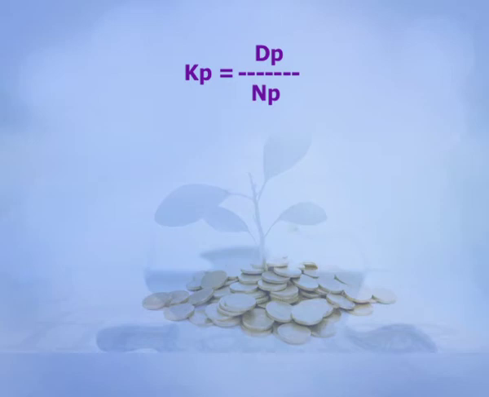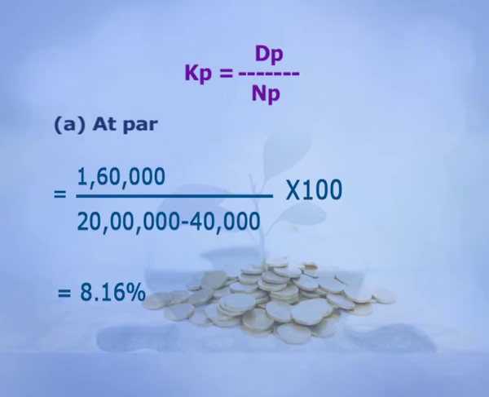Cost of preference share capital KP is equal to DP divided by NP. First is at par. At par, it is equal to 1,60,000 divided by 20 lakh minus 40,000, whole multiplied by 100, which is equal to 8.16%.